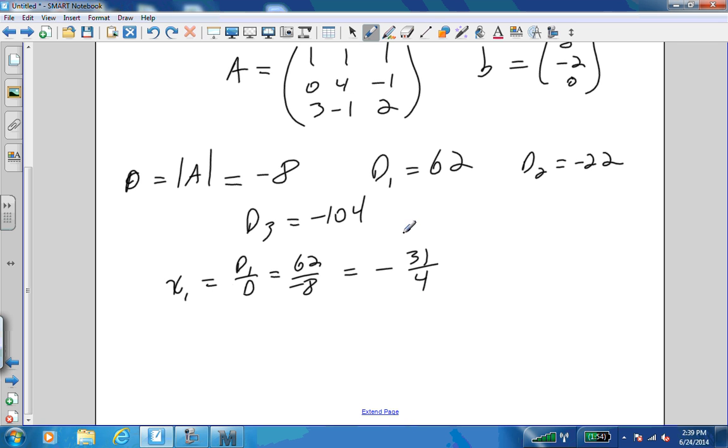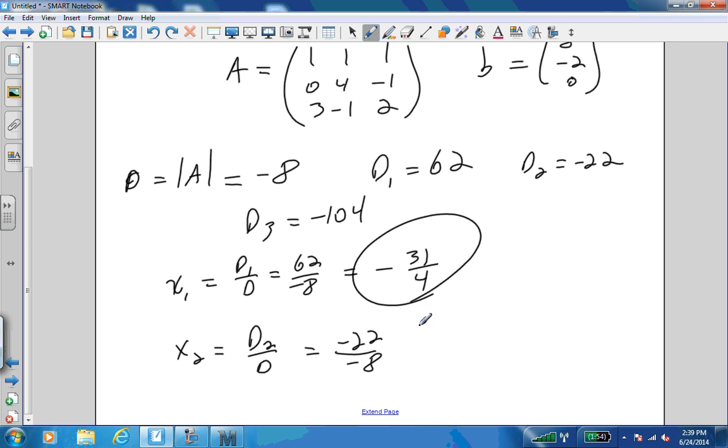So negative 31 over 4. X of 2, that's D sub 2 over D. So negative 22 over negative 8. 2 negatives make a positive. 2 goes into each of those, so 11 fourths.